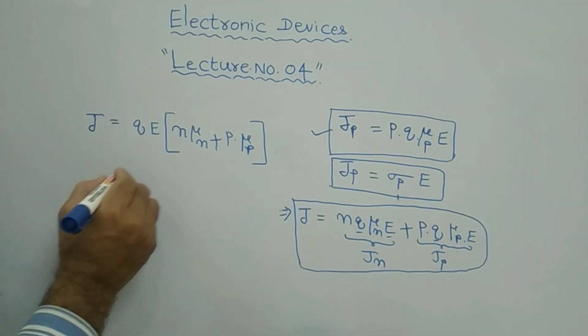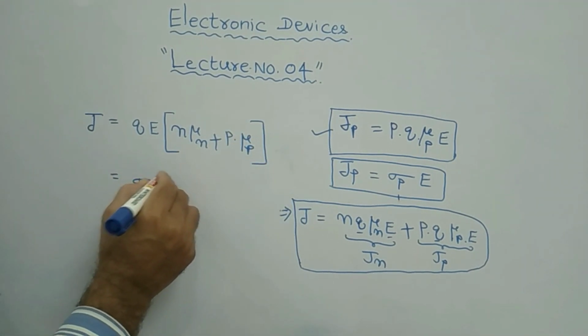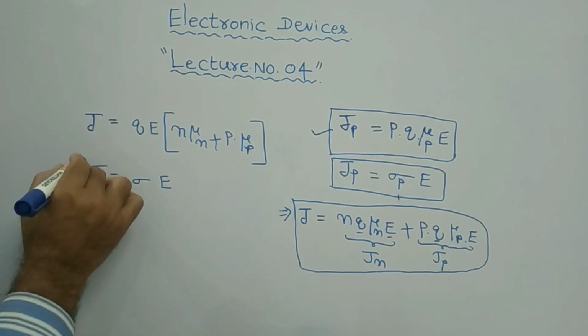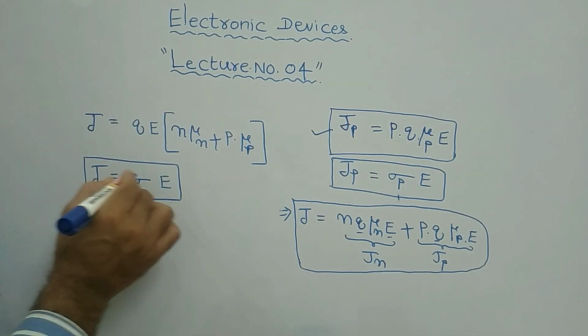And this is equal to sigma into E. This can also be written like this: J is equal to sigma E.